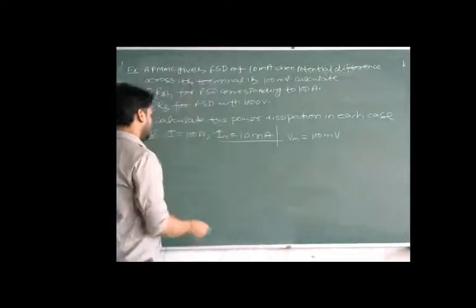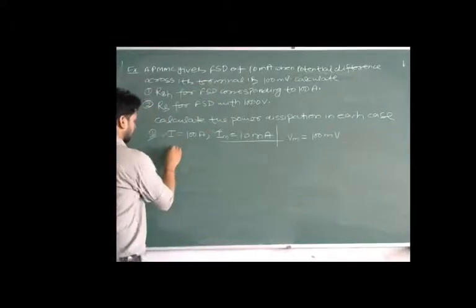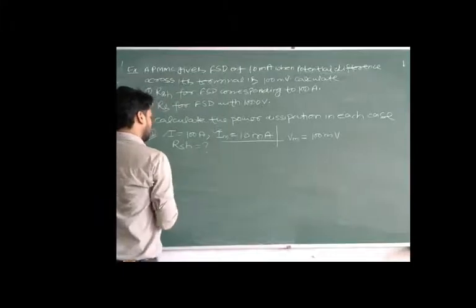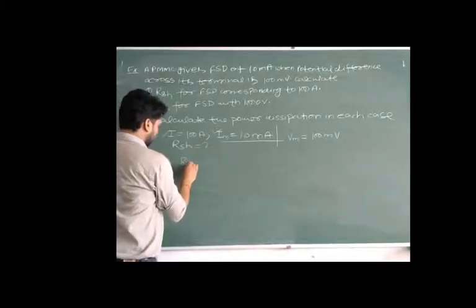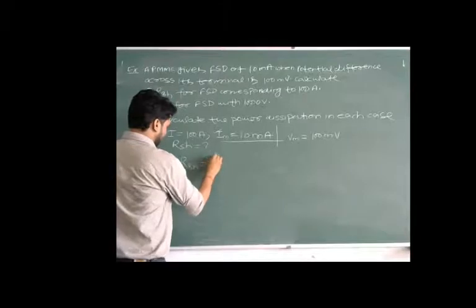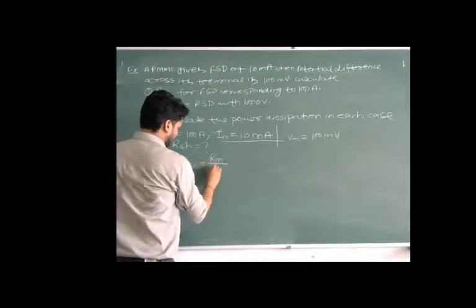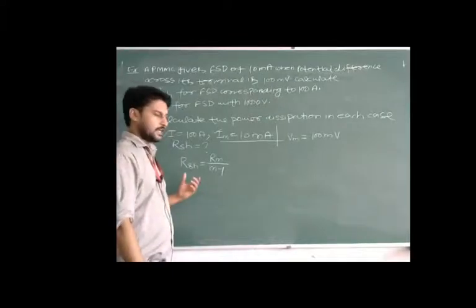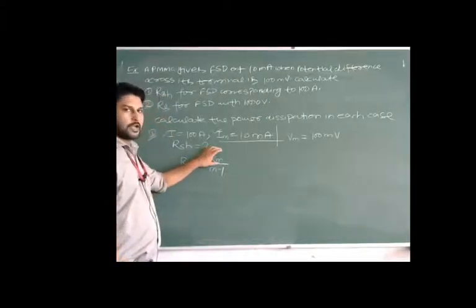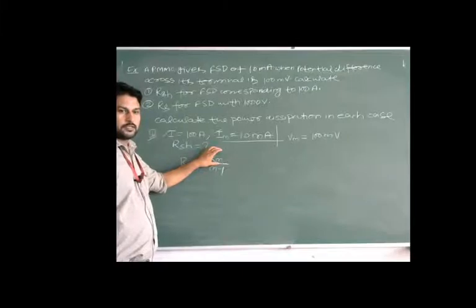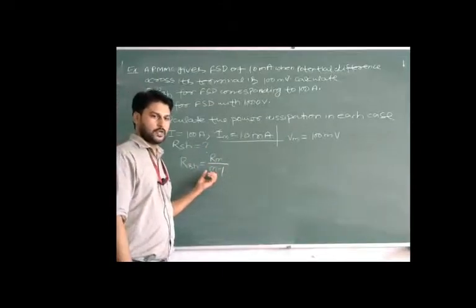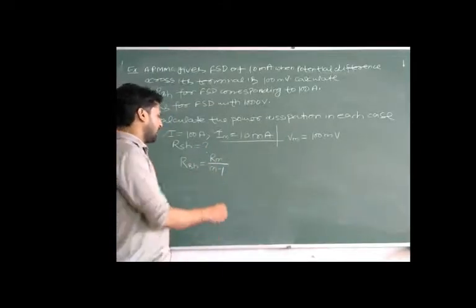So we have to calculate RSH in this case. We know the value of RSH can be written directly as Rm upon m minus 1. To calculate the value of RSH, the value of Rm, the resistance of the instrument, and the multiplying factor m should be known. So how can we find Rm here?